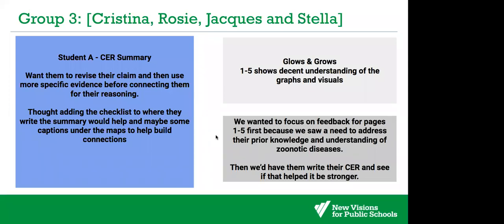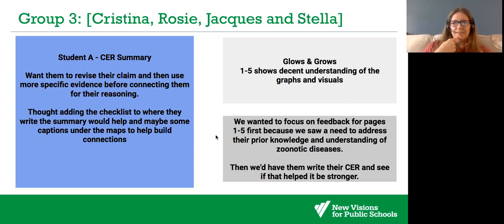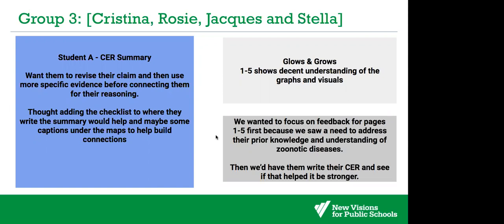But something that we talked about in our group was having them get feedback on pages 1 through 5 first before they write their summary, so that we could check in about where their gaps in understanding are, where we might need to reteach something or explain it or help them form those connections. Could be a more powerful way to give that feedback, and then let them use that feedback to create a stronger CER summary.